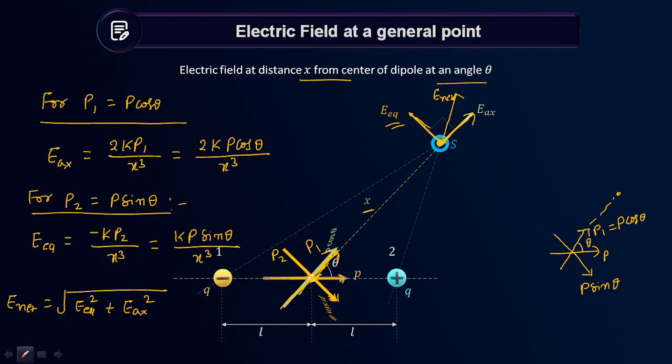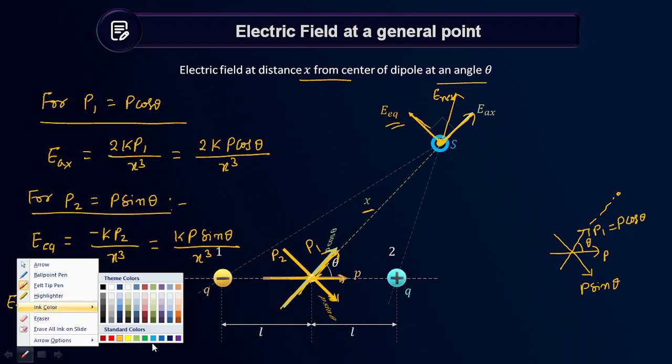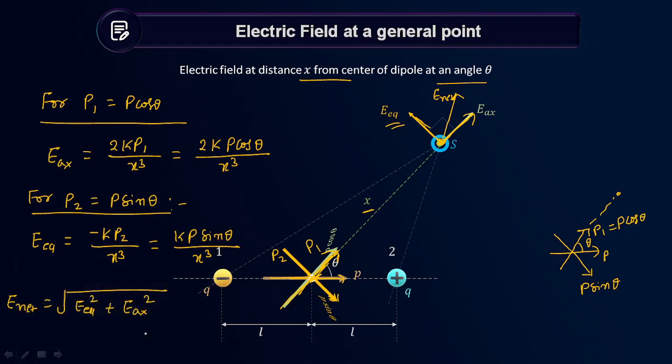So we can write E net as equal to the root under of, taking 2k by x cube as common, k by x cube common, square into 4 cos square theta minus sin square theta.